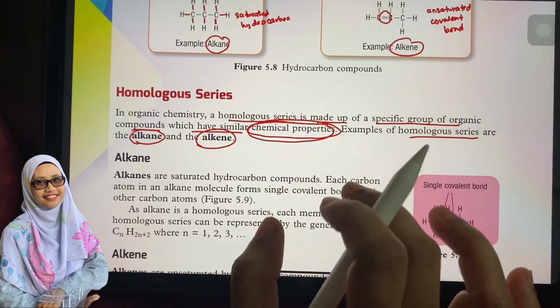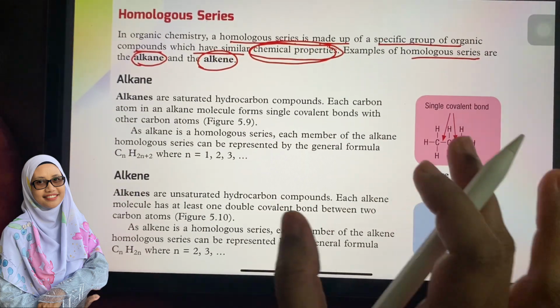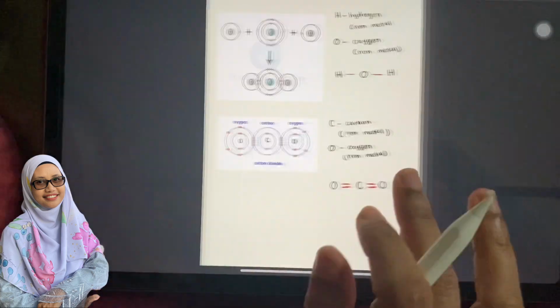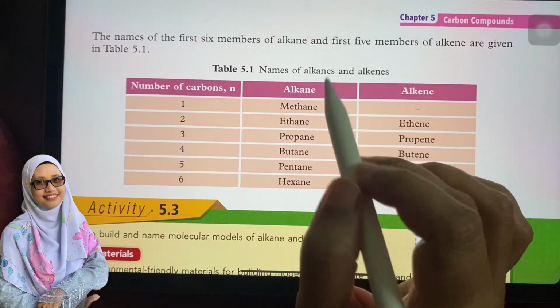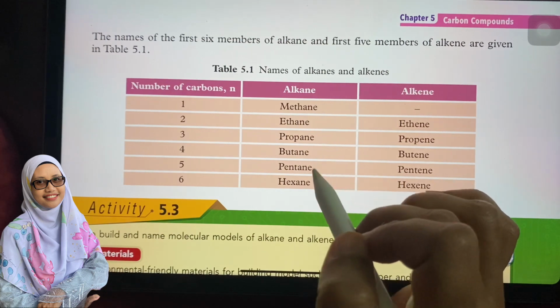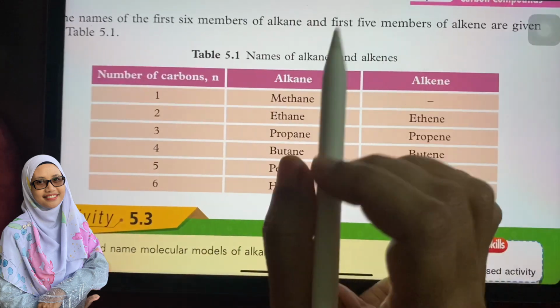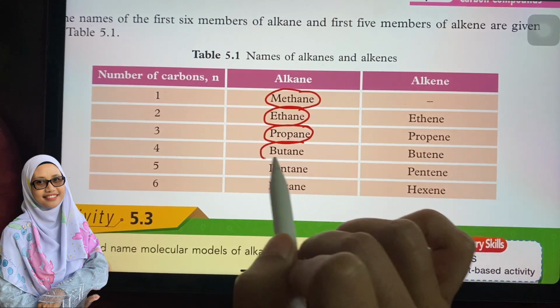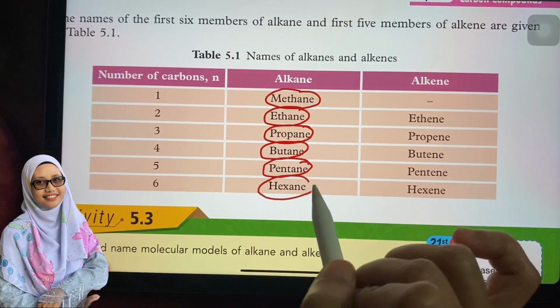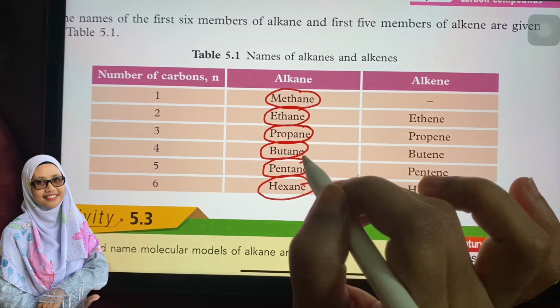Let me show an example first. Here, alkane, these are all the types of alkane. We have methane, ethane, propane, butane, pentane, hexane. So this is the type of alkane.